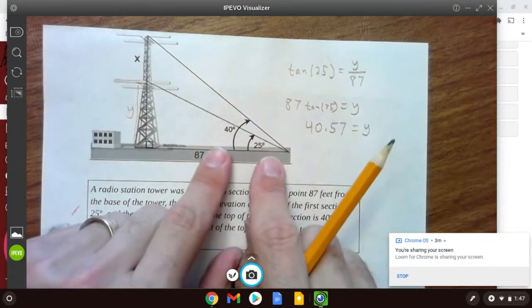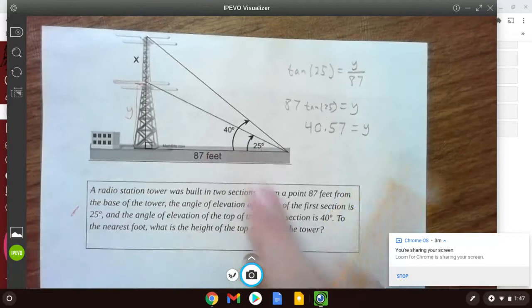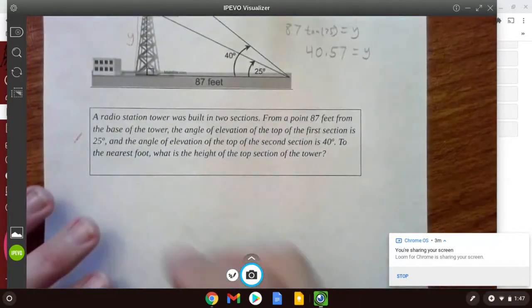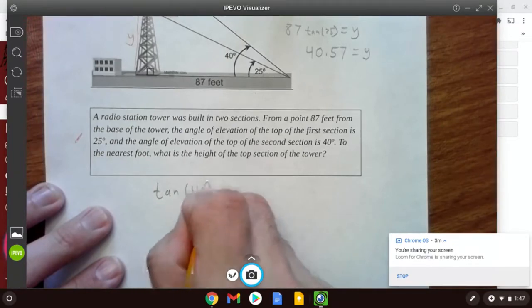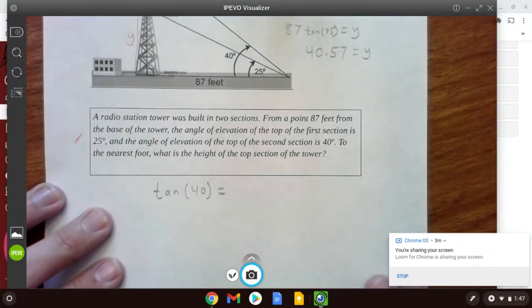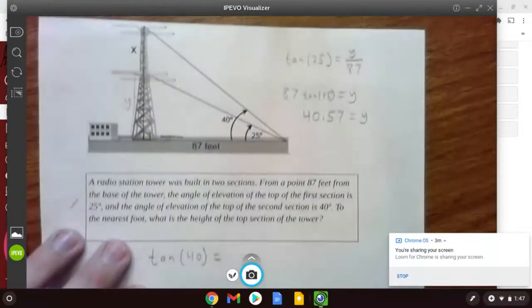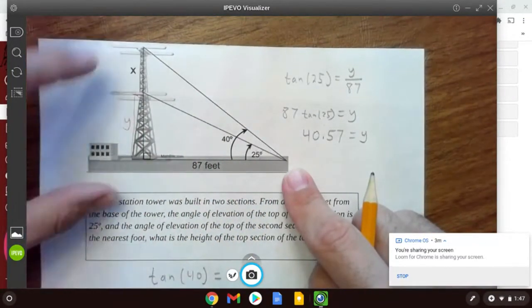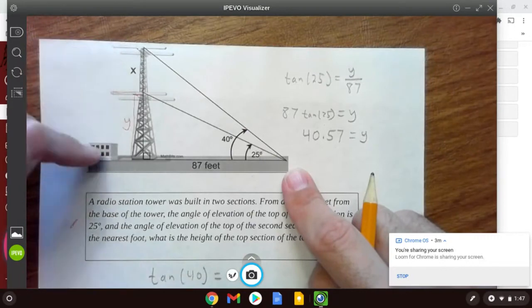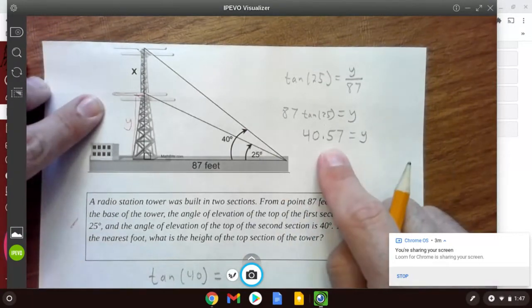So I'm going to do a tangent of 40 this time. Tangent of 40 equals opposite. The side opposite here is x plus y, but y was equal to 40.57.